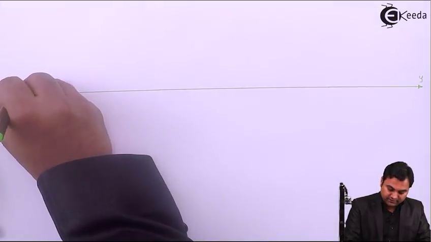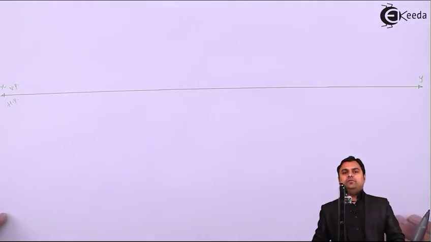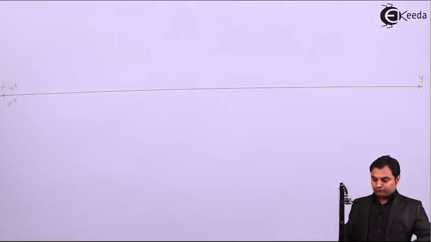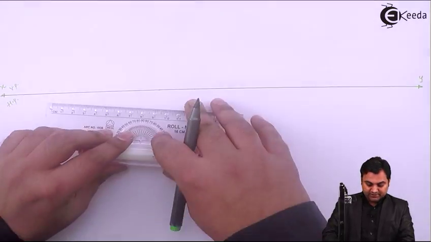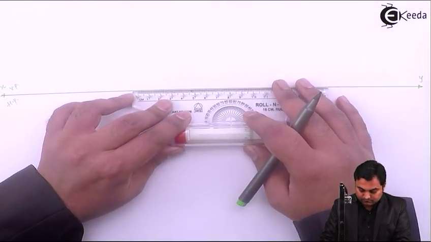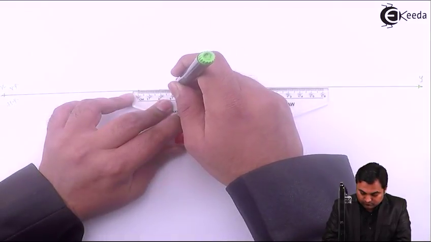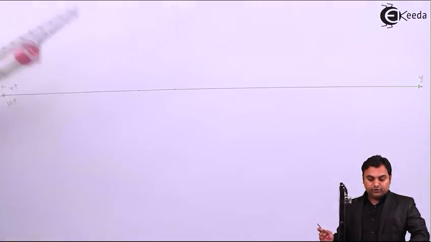Here we have XY line, VP and HP. Now, as I have explained, the pentagonal face will be visible in VP and it is having 32 mm side. Measuring 32 mm.